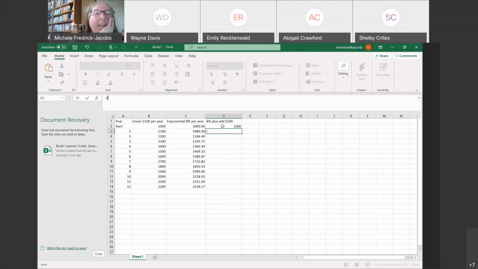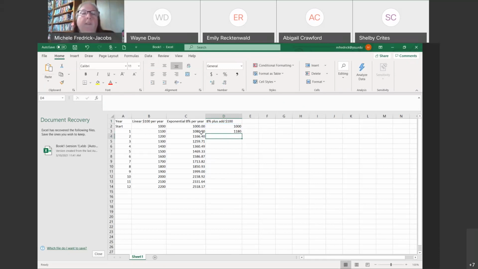So if we put the equal sign, we want to take the one before. Remember, multiplication is an asterisk, and we're going to increase by 8% and add 100. Notice it's $100 more than this one. So I took the one above it, D2, I multiplied by my 8% increase, and then I added $100.